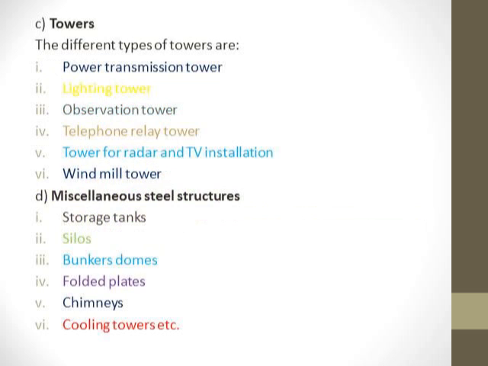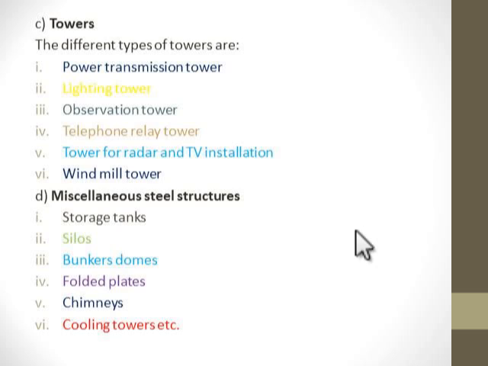And next, coming to the towers, as we know, we use transmission towers, lighting towers, and many different types of towers, and those are all made of steel sections or steel members.